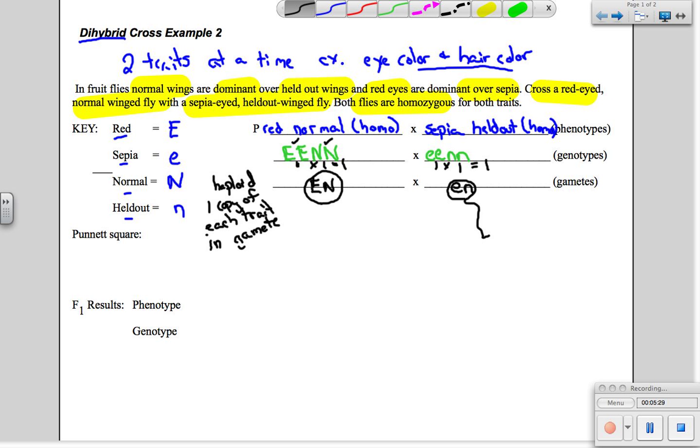The problem wants to know what the offspring look like. So let's draw out a Punnett square and look at what my possible offspring are. In this Punnett square, I'm going to put the different gametes from one parent across the top and one parent across the side. Because I only have one possible gamete from each of these two parents, I only need a 1 by 1 box.